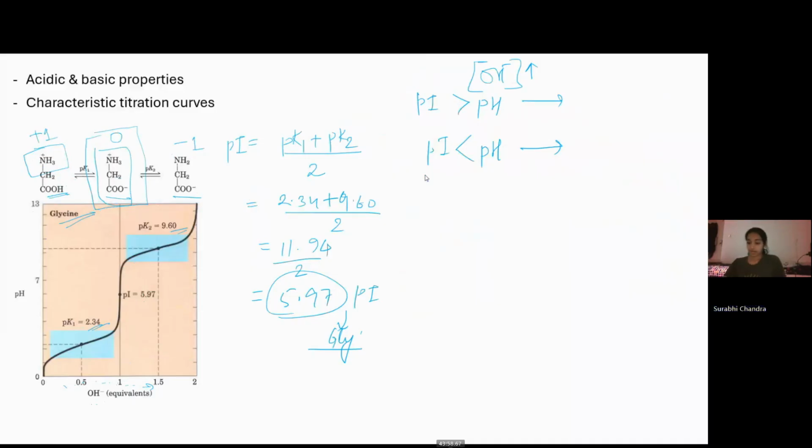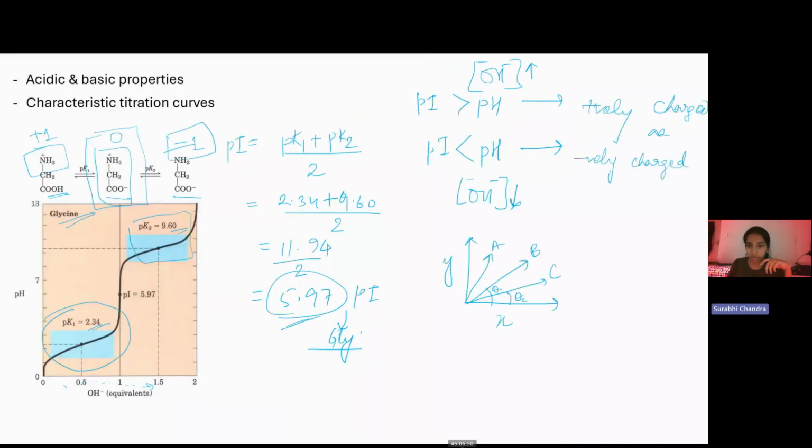Now the same thing that we were talking about earlier. If the pH is less than the pI value, the isoelectric point of the amino acid, then it will have more H plus in the medium and it will exist as NH3 plus and COOH.